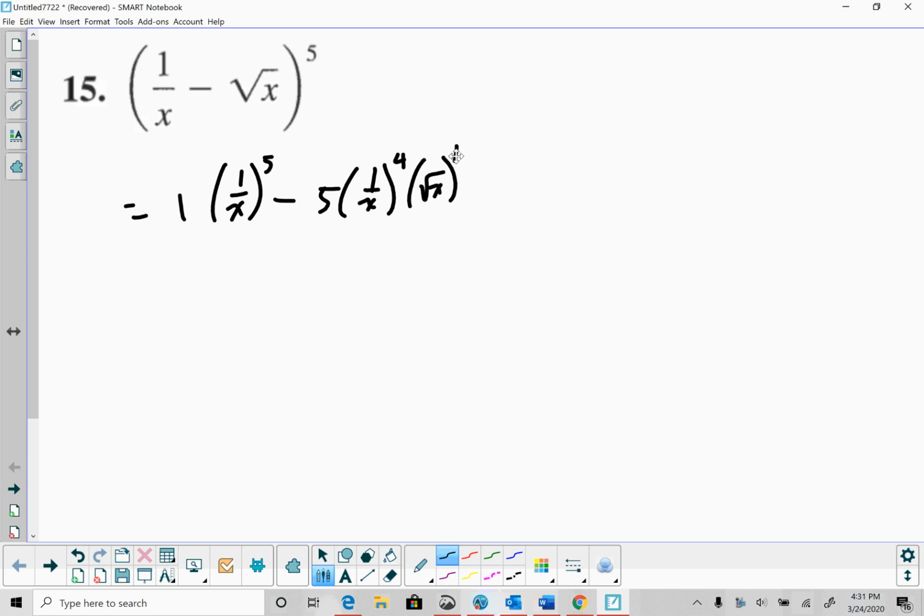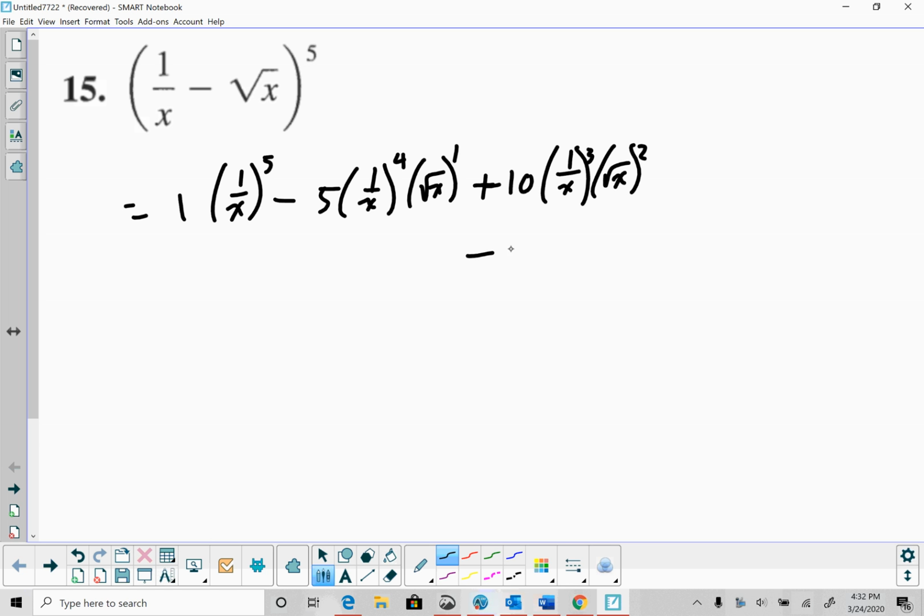No, you don't have to write that out, but I'm hoping that you'll start to see the pattern. Alternate signs according to Pascal's triangle. The next term should have a coefficient of 10, and we'll have 1 over x to the third times square root of x squared. That's not going to be too tough.